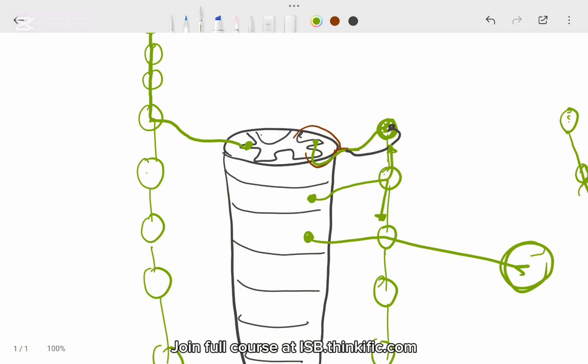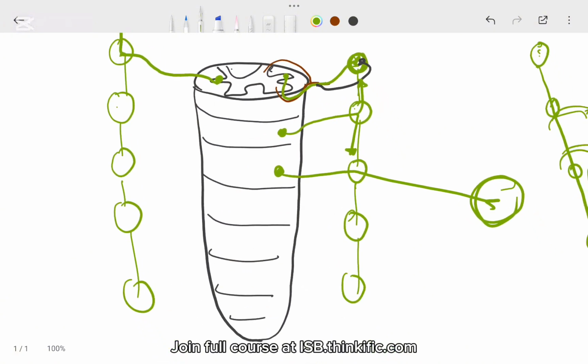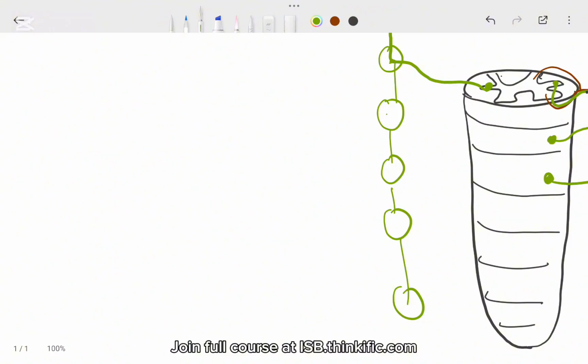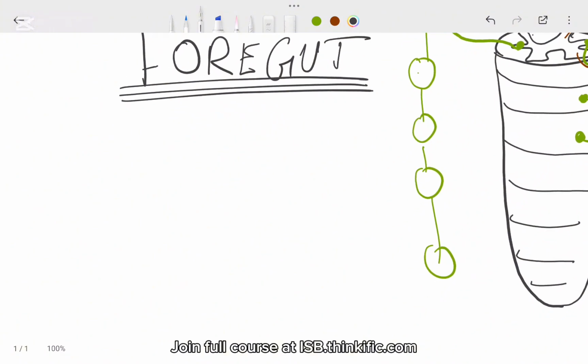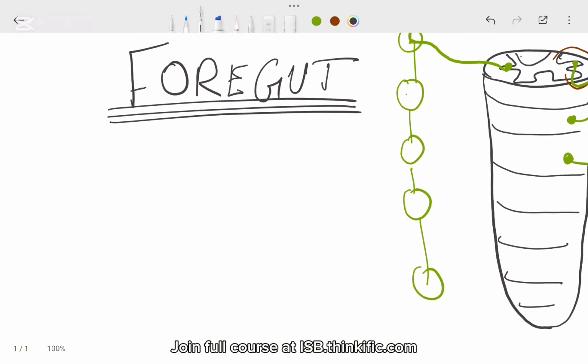Okay? All right. So let's talk about those sympathetic nerves that supply the abdominal organs. Let's first begin with those that supply the foregut. Okay. So, which one supplies the foregut?